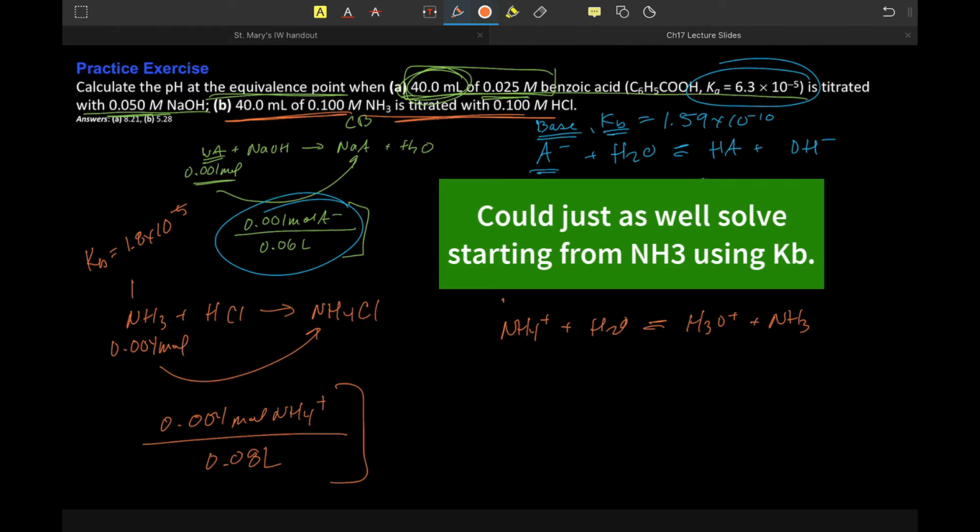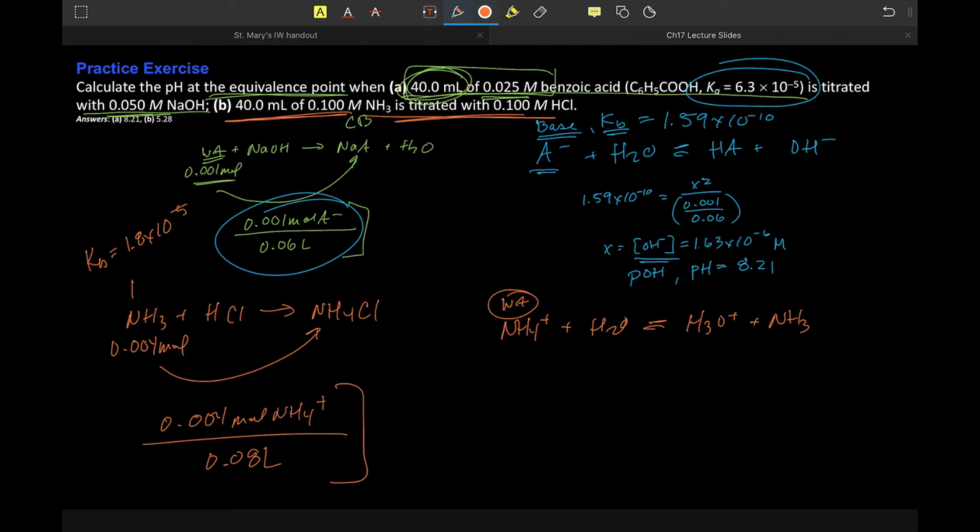It is a proton donor because it is functioning as a weak acid here, which means that I need a Ka, which means that I need to go back to this Kb value, right? And work backwards, and we would find that we end up with 5.56 times 10 to the negative 10th as my Ka, which is equal to x squared over 0.004 over 0.08. We would solve for x.